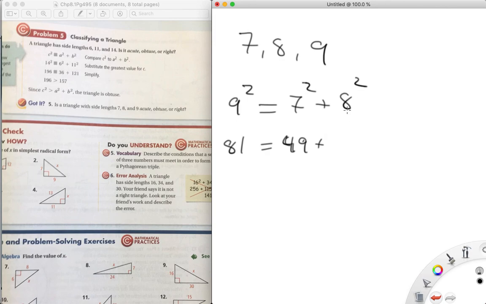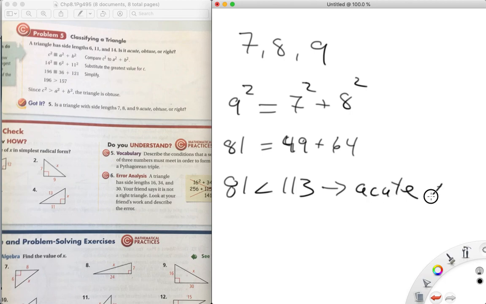I already see where this is going. 8 squared is 64. So we have 113. So 81 is less than 113. And since it's less than that, then we say it is an acute triangle. It's so cute.